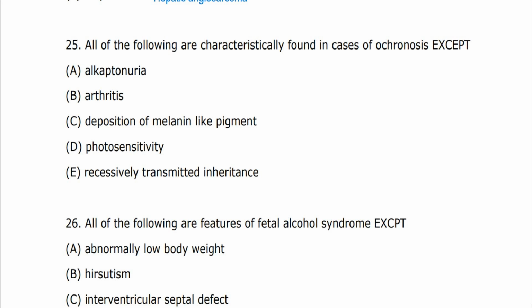The accumulation can affect joints, so arthritis is definitely there. Deposition of melanin-like pigment is what it looks like when deposited on skin or any other tissue. But the skin is not photosensitive, even though you have these depositions. Then recessively transmitted inheritance: yes, it is a recessive disorder, so you have to get the two defective genes from both parents to have it. So photosensitivity will be our exception in this option.